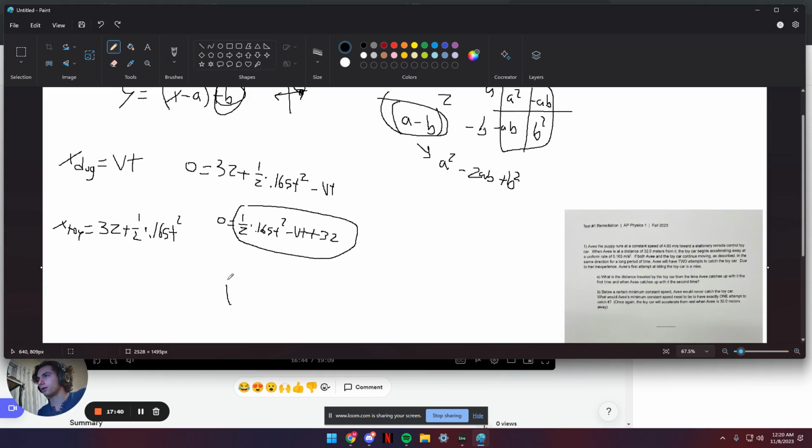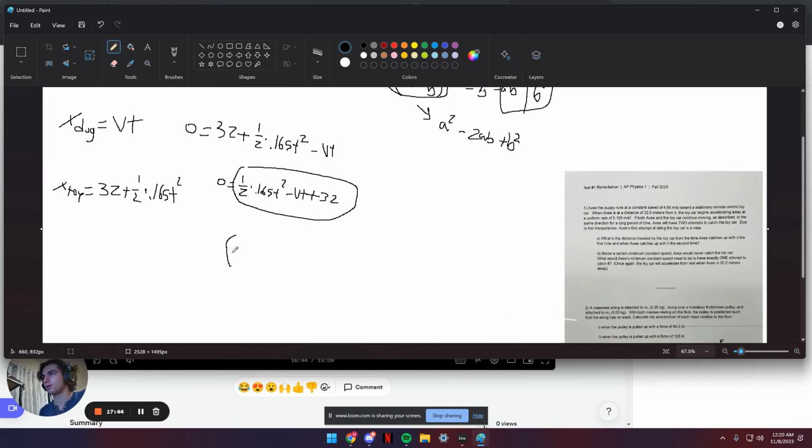So in the first thing in these parentheses is the square root of 1/2 times 0.165, and then there would be a t squared inside of the square root, but we know that the square root of t squared is t, so we can take that out of the square root real quick.